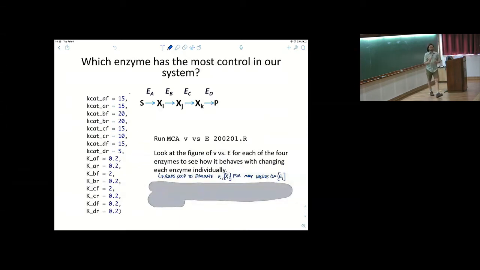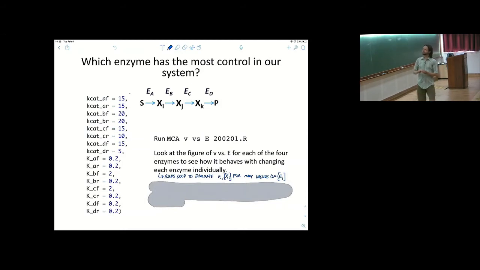So pull up this script. This one, this MCA-V versus E, it's running a loop, and it is going to test many values of A and B and C and D, store those fluxes, and then we're going to plot those flux values versus all the different enzyme values, exactly what the charts that I've been making. All right, and then you can see kind of systematically what this looks like.